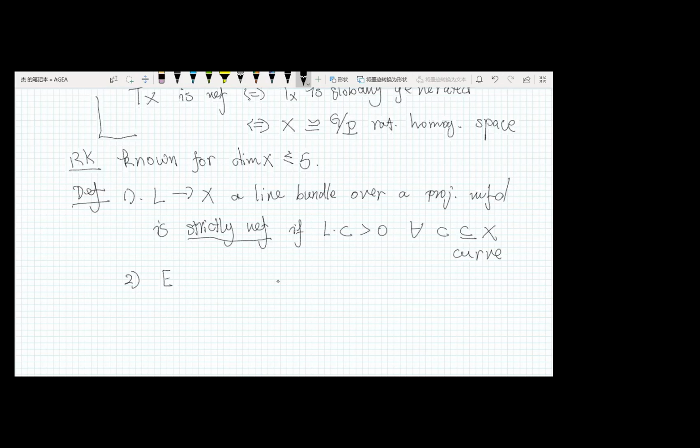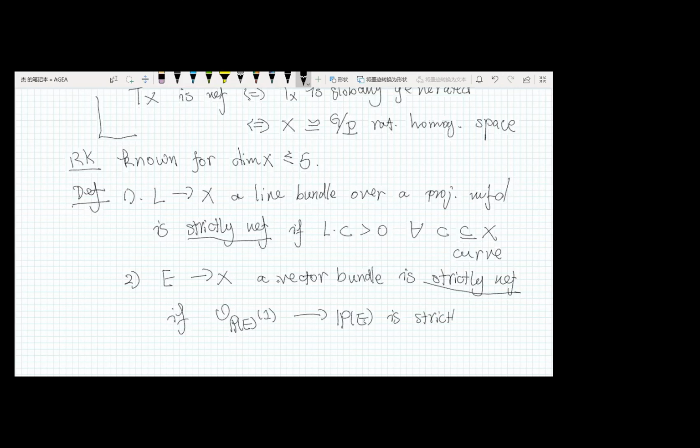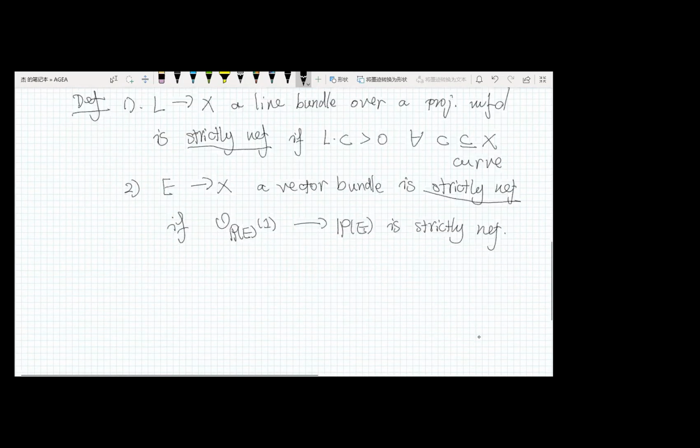A vector bundle E is strictly nef if its tautological bundle O_{P(E)}(1) over P(E) is strictly nef. Also, we have another notion which is related to nefness, called numerically flat.